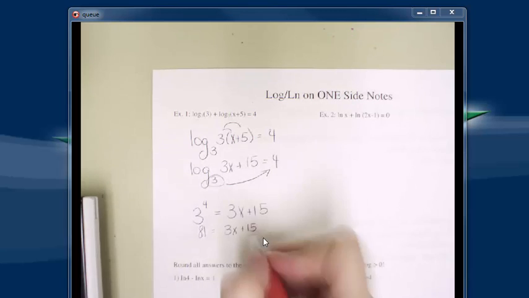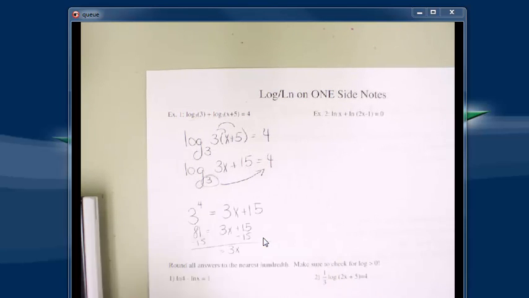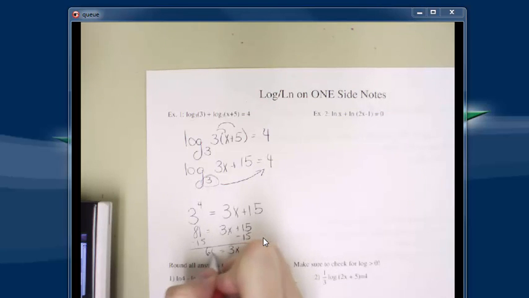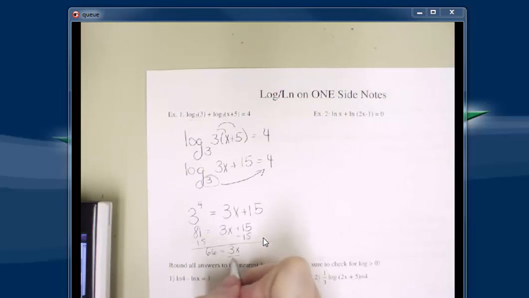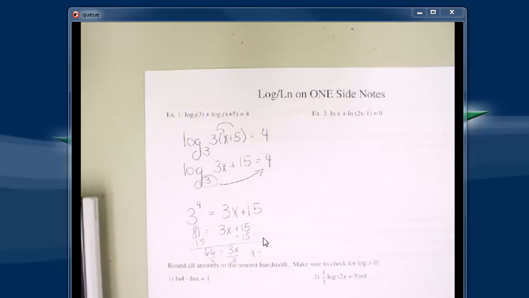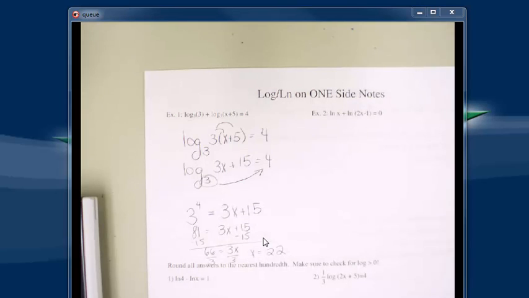Subtract the 15. Get 66. Divide, and I will have 22. Okay.